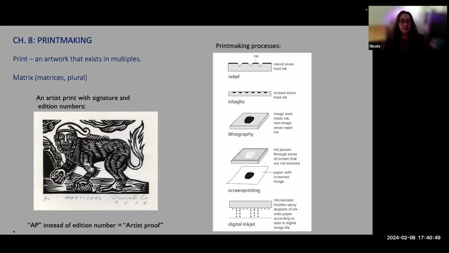Then later, it evolved to add illustrations to books that were made with the new movable type, which was developed in 15th century Europe. So the first printed books made with movable type is another sort of landmark moment within printmaking.